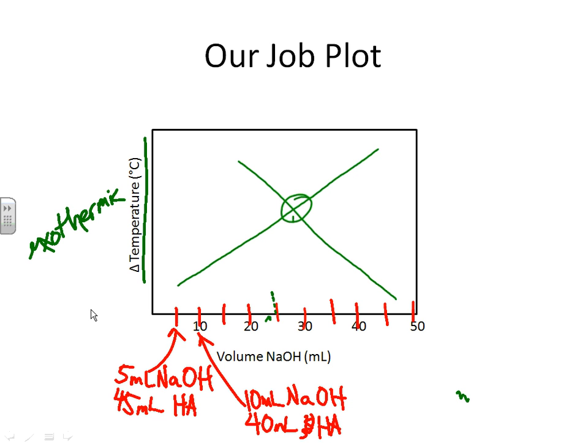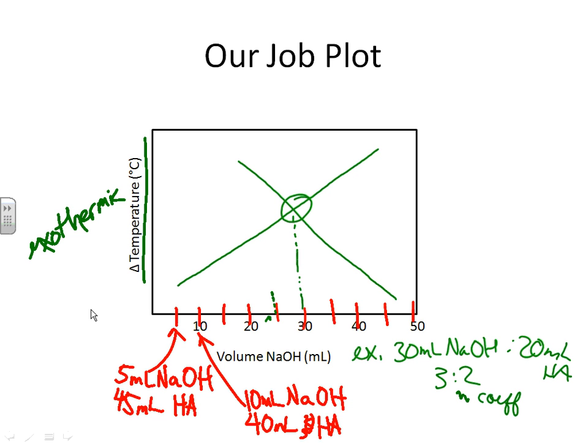And again, you want to extrapolate and find when are we making the most products. In this case, it looks like it's about 30 milliliters of NaOH to 20 milliliters of acid. This would turn into a 3-to-2 coefficient ratio.